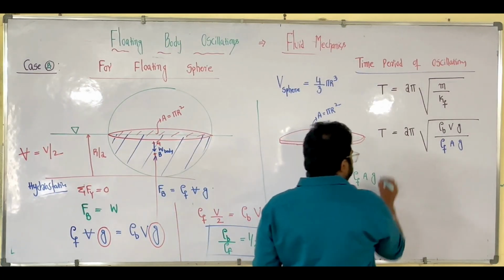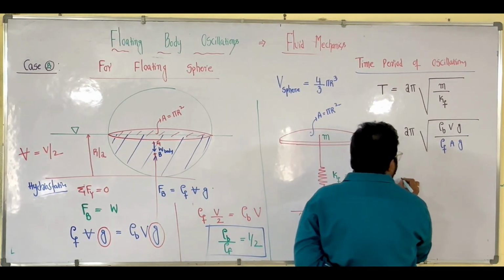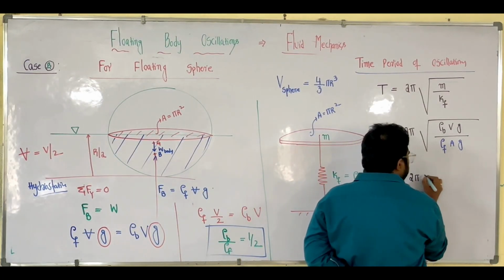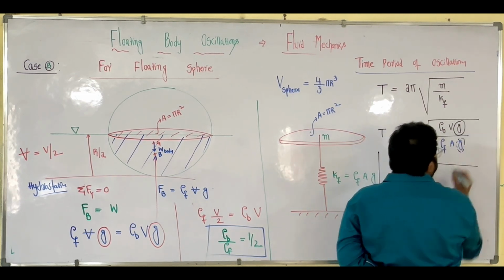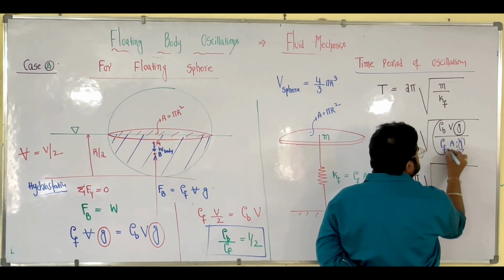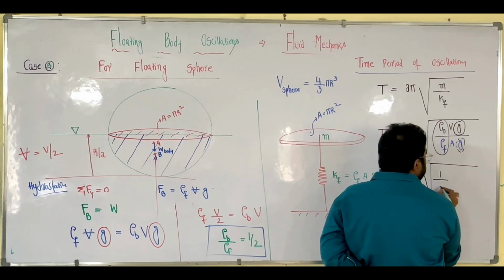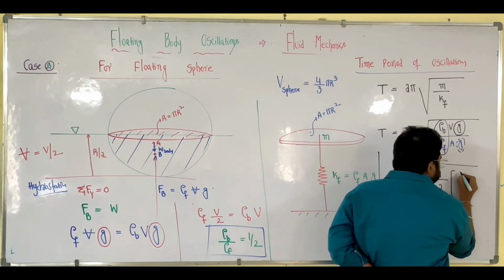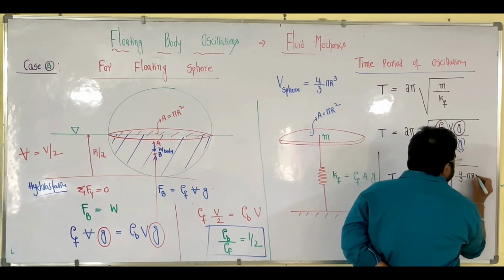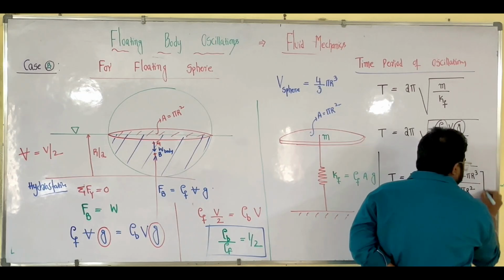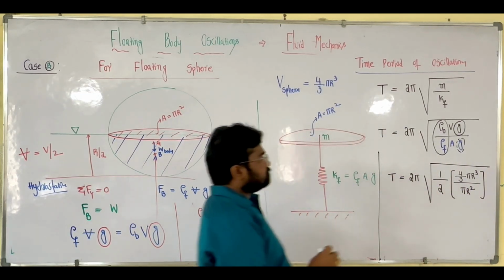So now we can confidently write T equals 2 pi square root of, this g gets cancelled out, then density of the body by density of the fluid is 1 by 2, times 4 by 3 pi r cube by pi r square. Are you getting the same?